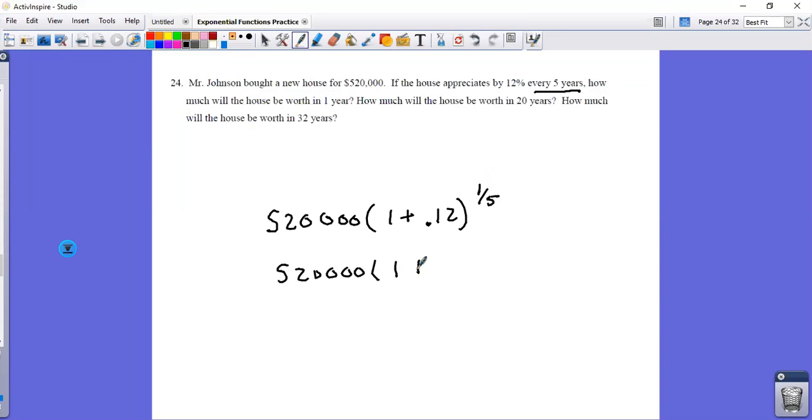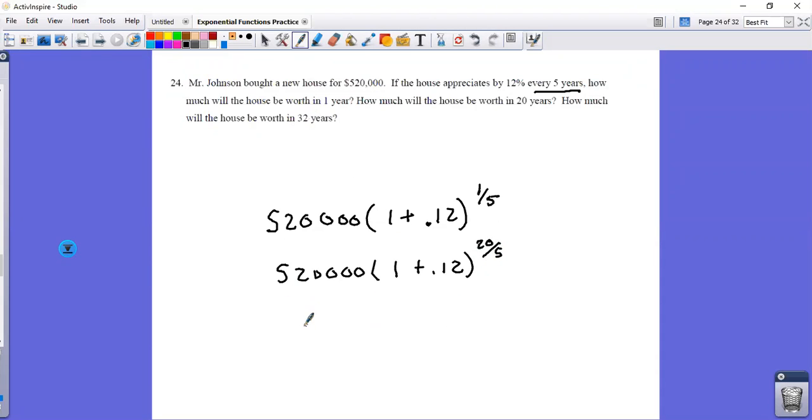How much will it be worth in 20 years? Well, 20 years is going to be how many 5-year periods, right? So that is 20 divided by 5, which would be 4, right? 4 5-year periods in 20 years.